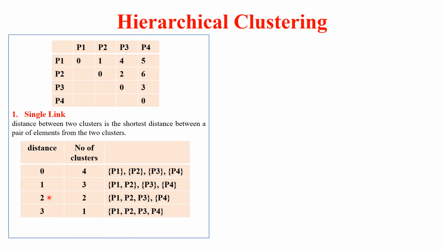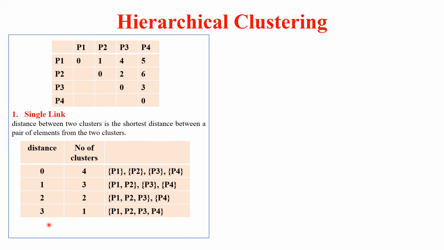When the distance is 2, from the distance matrix, we can understand that P2 and P3 are at a distance 2. So this P3 can also be merged with this cluster as P2 is here. So P1, P2, P3 will be a single cluster and P4 will be separate now.